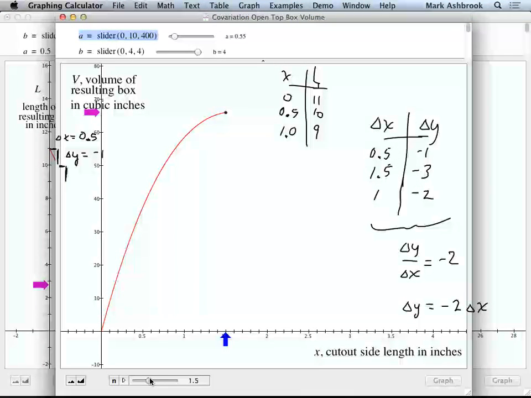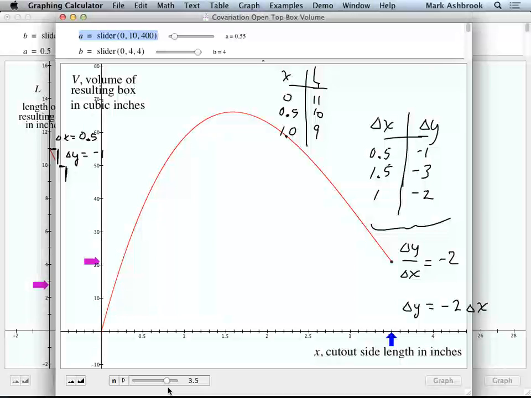As you increase the cutout length by a certain amount, what happens to the volume? We take some changes in X and find the corresponding changes in volume, and we analyze. What is our conclusion when we analyze changes in cutout length and changes in volume?